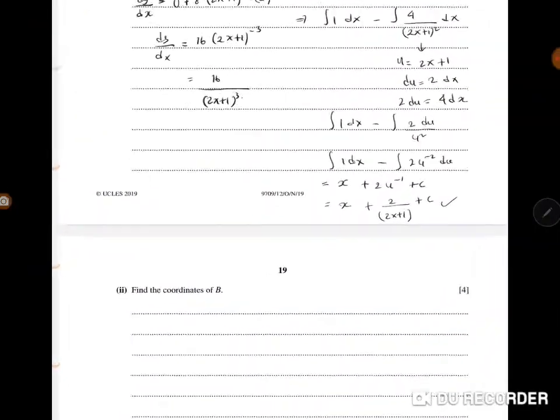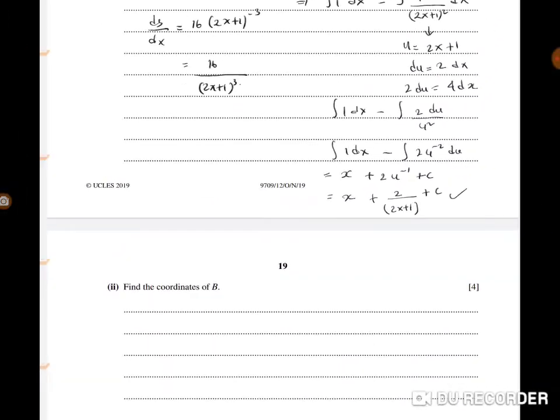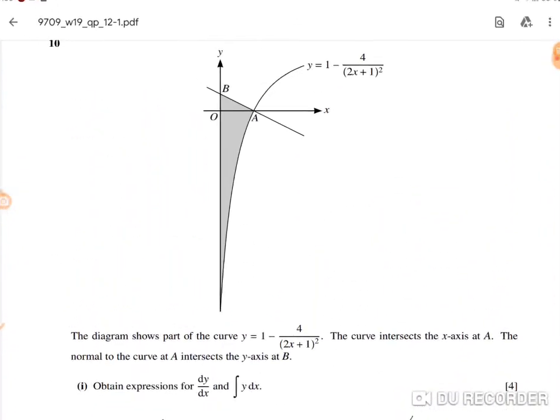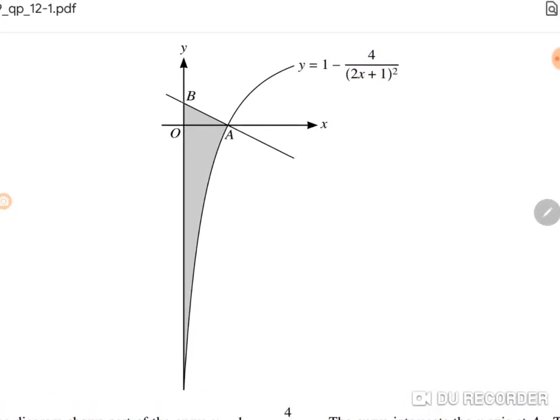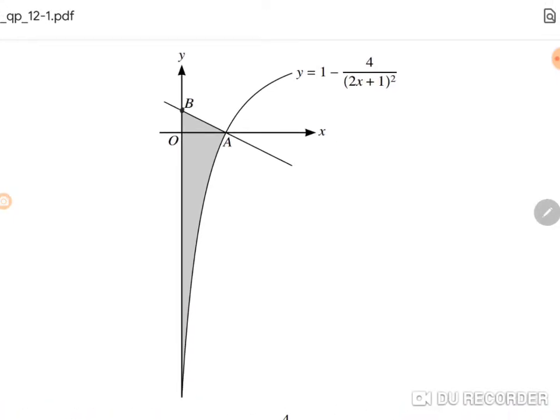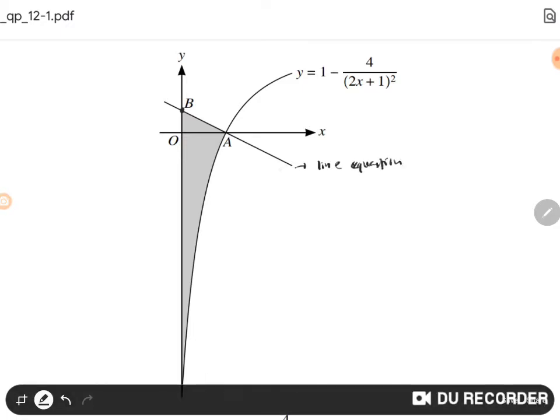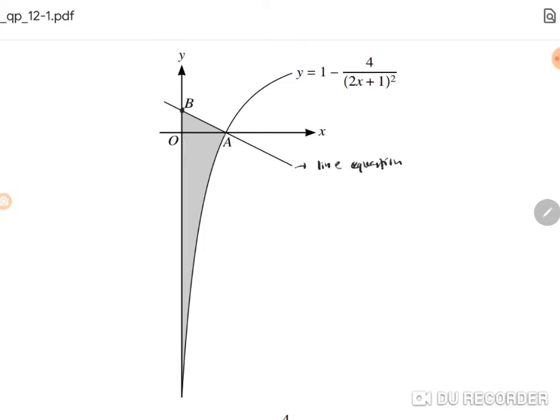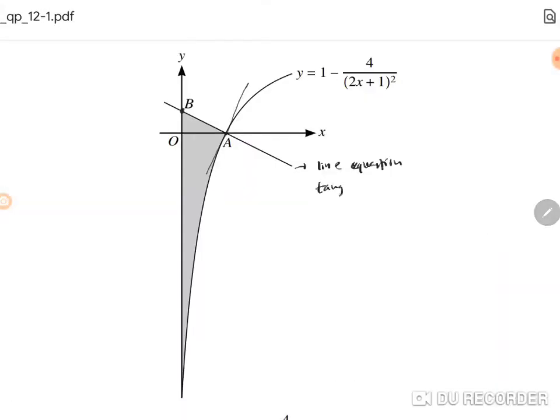Next, find the coordinates of B. How do we find the coordinates of B? To find it, we need to know the line equation. To know the line equation, we need to know the tangent to the curve.